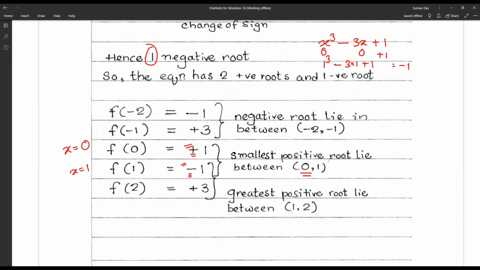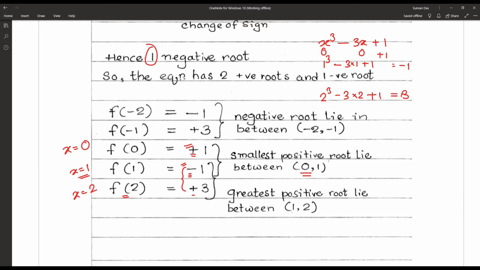Next, we put the value of x as 2. So here that becomes 2 cube minus 3 into 2 plus 1, and the result is plus 3. Now once again we check f(1): when x is equal to 1, the value of the function was minus 1. In the case of x equal to 2, the value of the function is positive, that means once again of opposite sign.